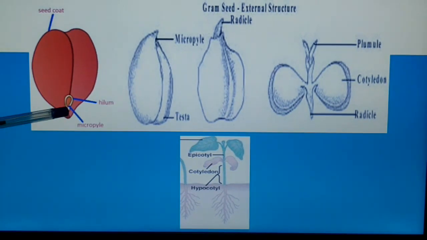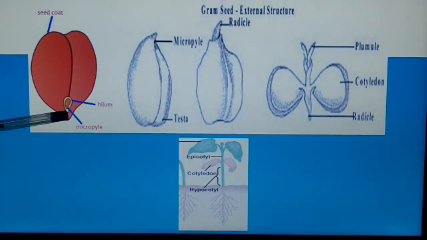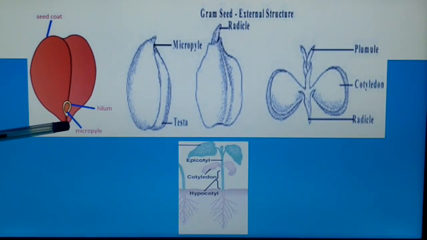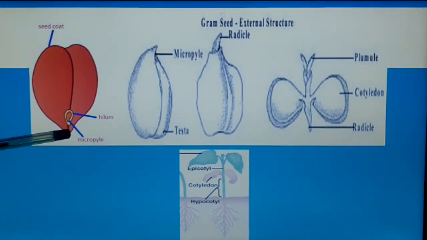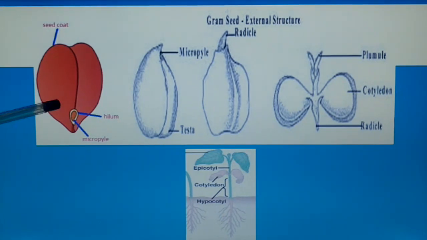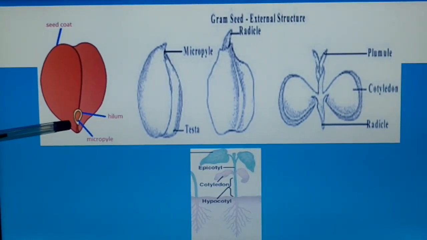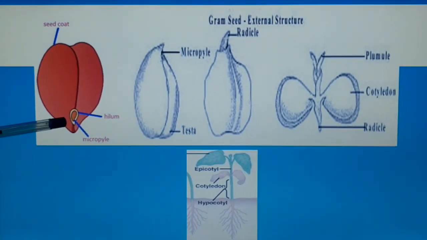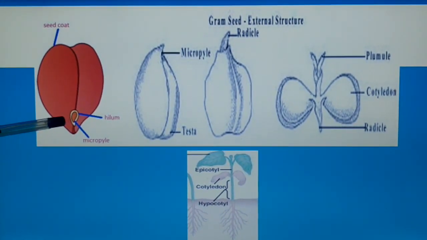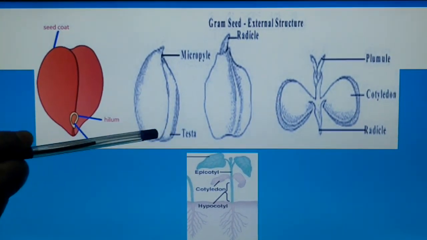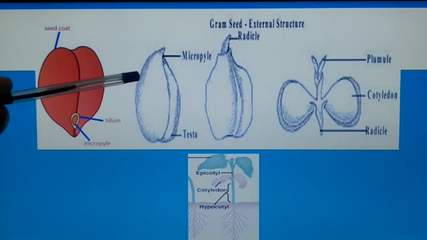Below the hilum, there is a small pore called the micropyle, which facilitates the entry of oxygen and water into the seed during germination. Each seed is covered by two seed coats.